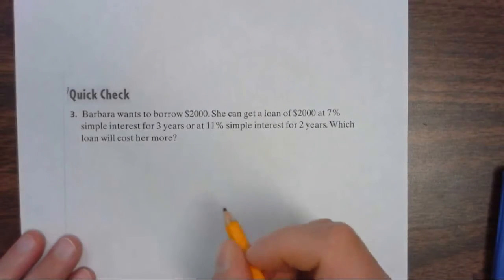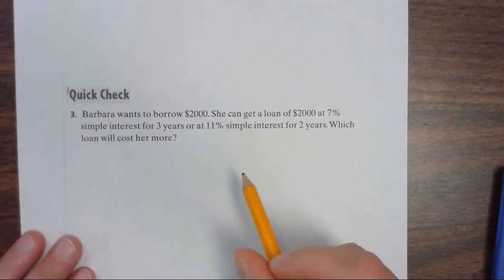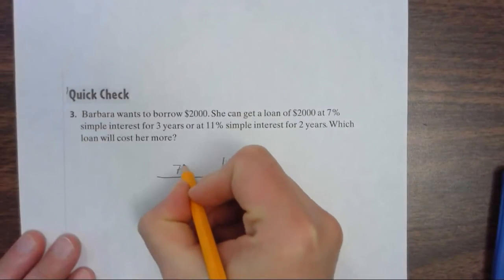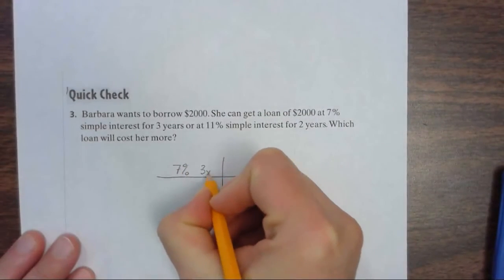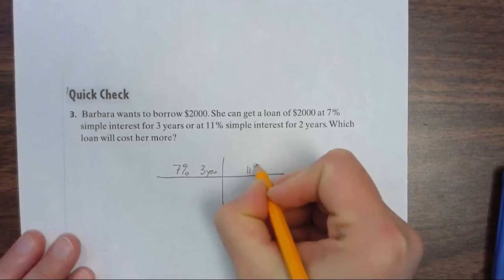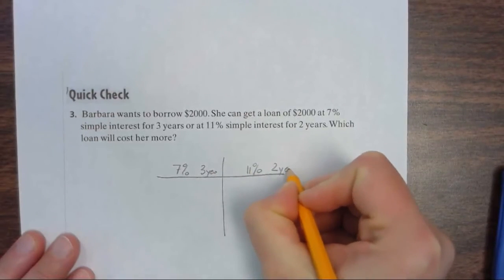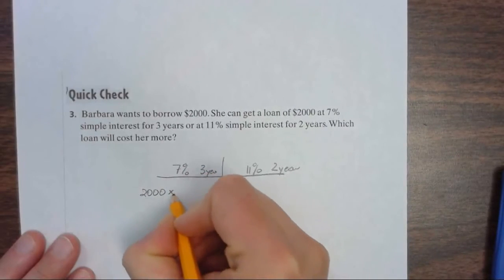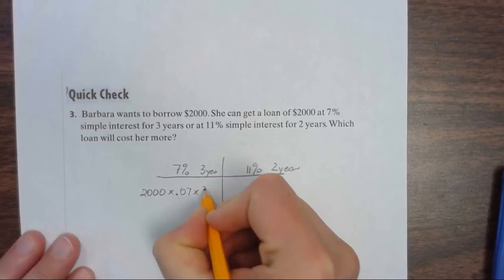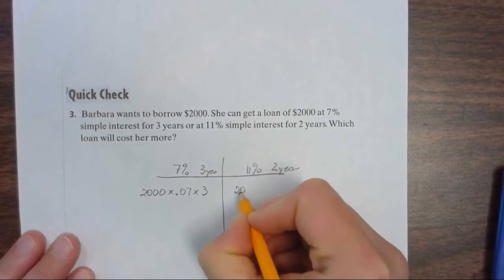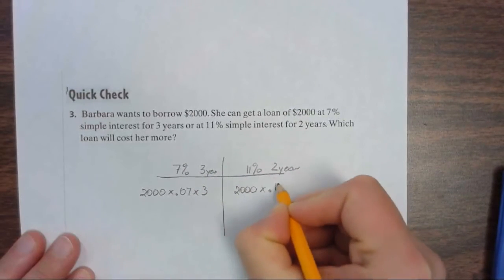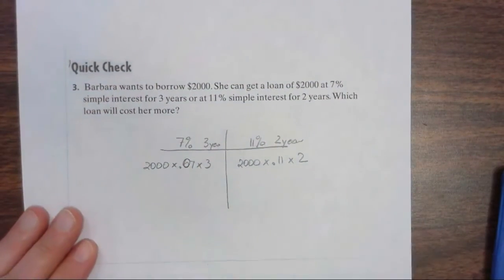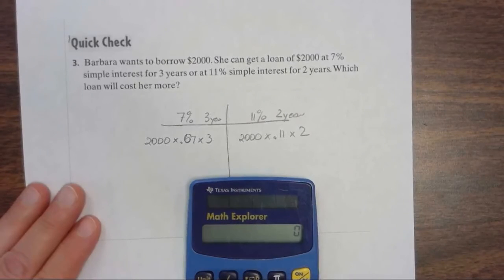Okay, let's see. This time, I have a similar one. I have 7% for 3 years and 11% for 2 years. And I want to do 2,000, so I will set it up. 2,000 times 7% times 3. On this one, I have 2,000 times 11% times 2. Okay, let's try it.